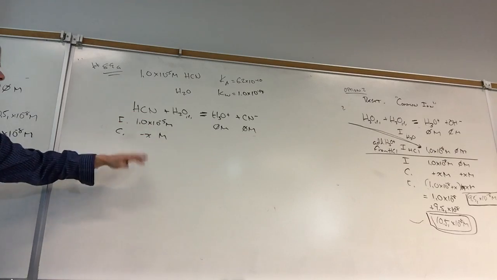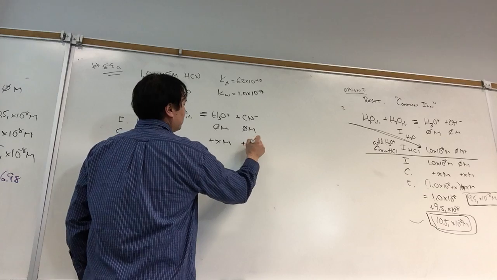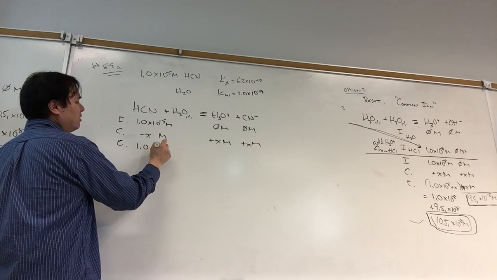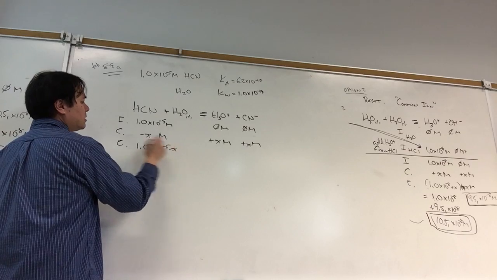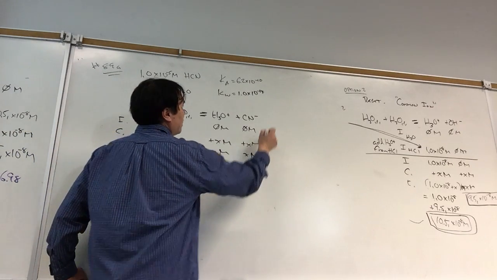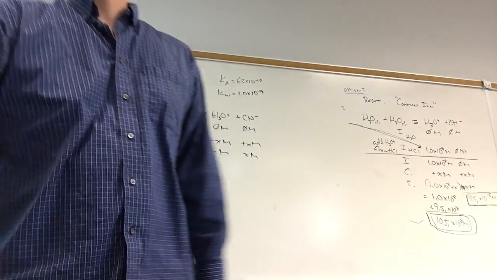But K is kind of small, so I'm just going to lose a fraction of it. So this is going to be plus X molar, plus X molar. I don't know what X is yet. And so at equilibrium, it's going to be 1.0 times 10 to the minus 5 minus X molar, X molar, and X molar. All right, let's solve for X here.